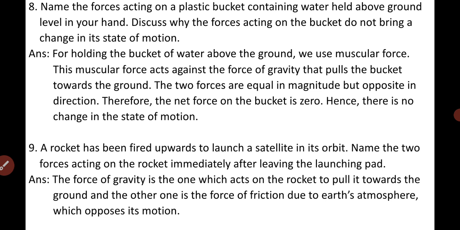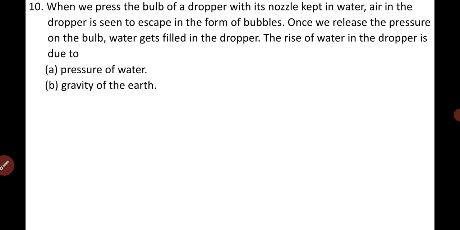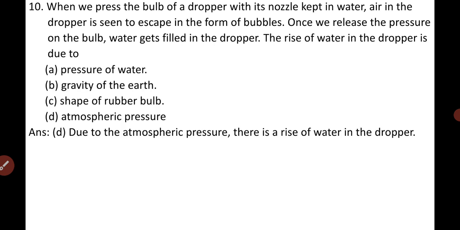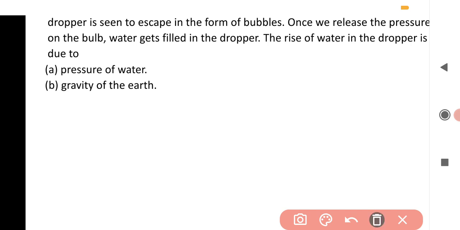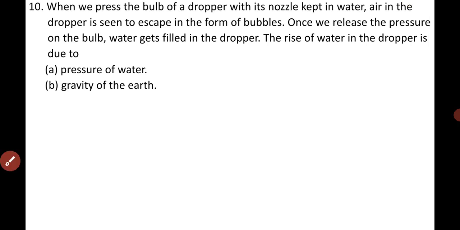Let's move to the next question, question number 10. When we press the bulb of a dropper, you have seen a dropper, right? The bulb of a dropper is made up of rubber, with its nozzle kept in water.